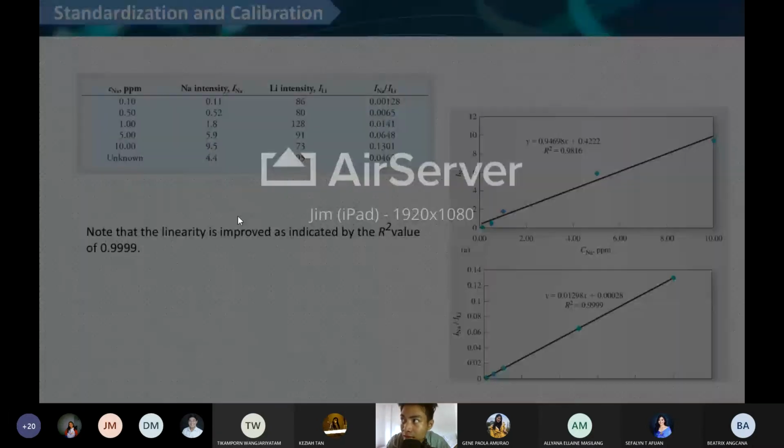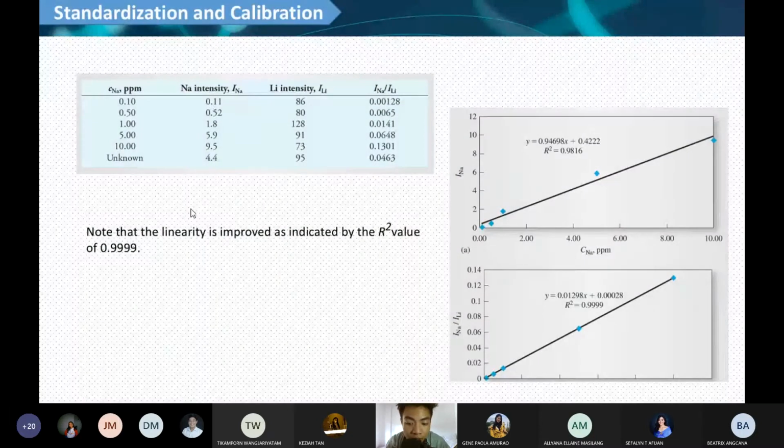Okay. So what the analyst did here was that after he detected the sodium intensity according to the instrument response, or the sodium instrument response here, he also determined this lithium response from the instrument. Okay, so depending on the concentration of the lithium and the sodium, there is a corresponding instrument response from that.